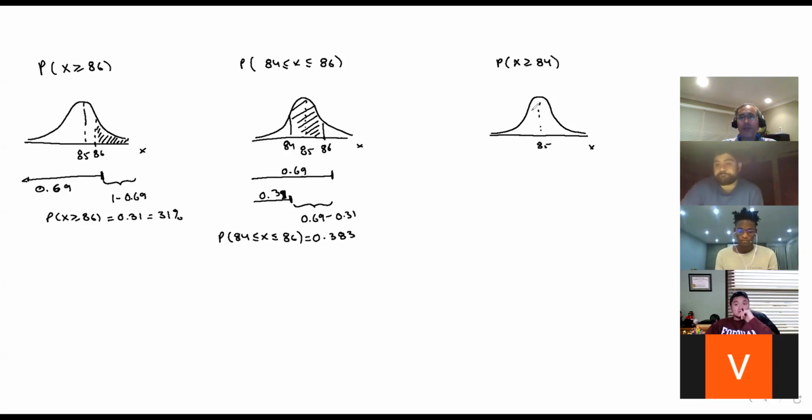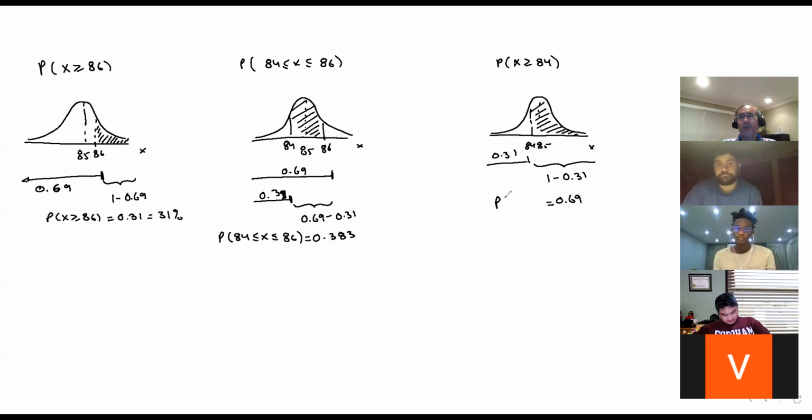Okay, so the last one is something very similar. It's 84, and I want all this part here. I know that up to 84, I use the same numbers, it is 0.31. So this part here is going to be equal to 1 minus 0.31, that is equal to 0.69.